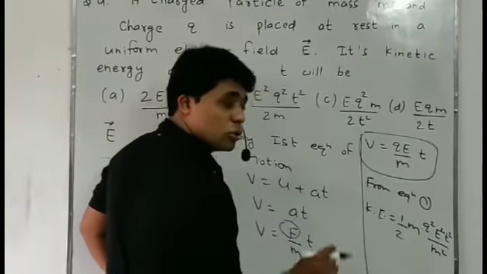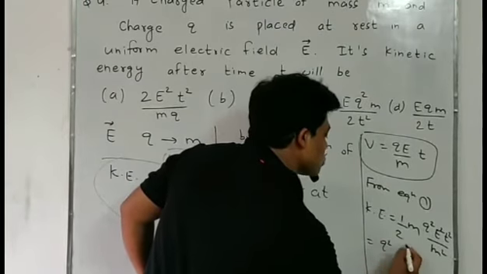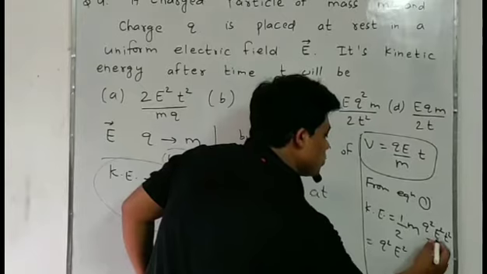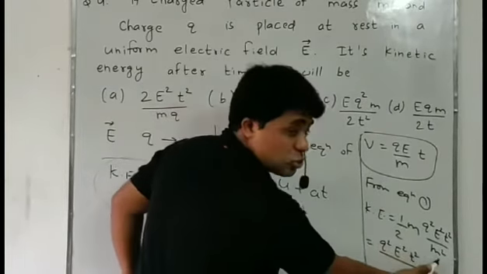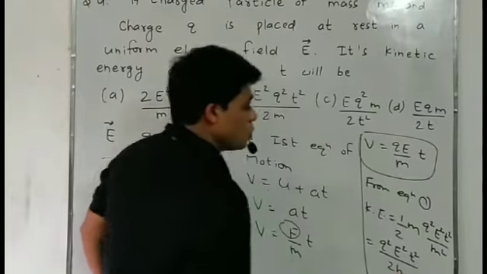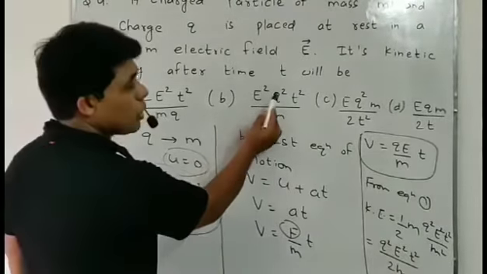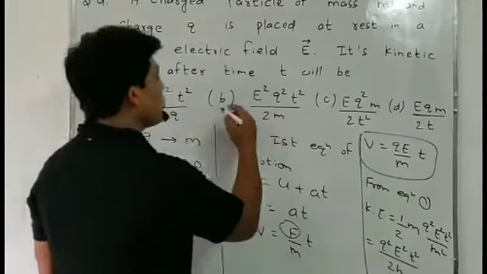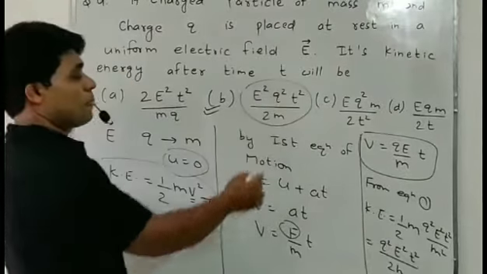M to m square cancel out. So directly I'm going to cut this. So q square e square t square, m to m square cancel out, so it remains 2m. So check which one is the correct option: q square e square t square by 2m. Again, option B is correct. This one is the correct option.